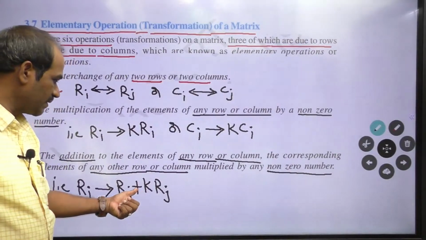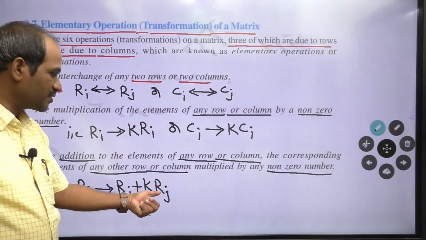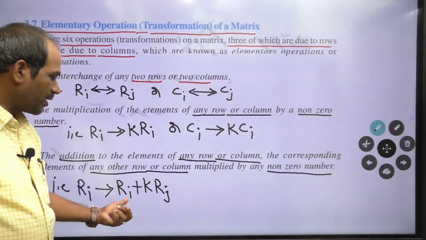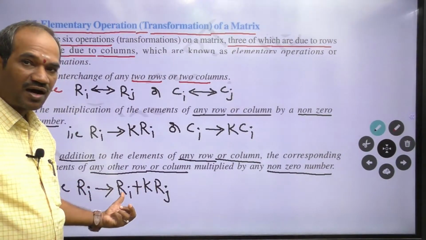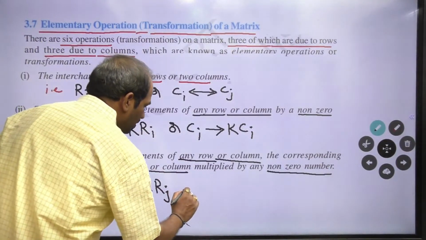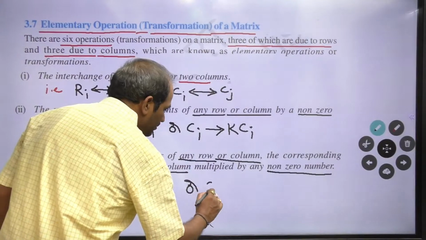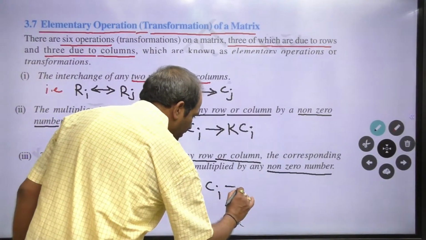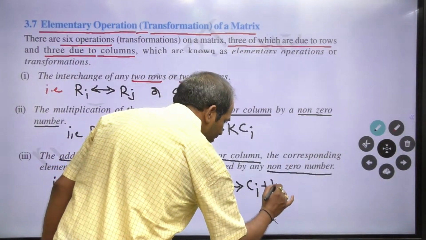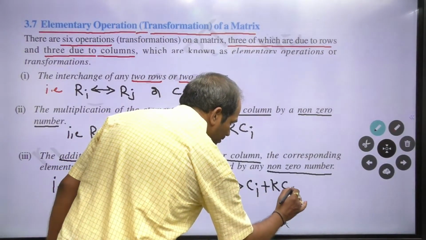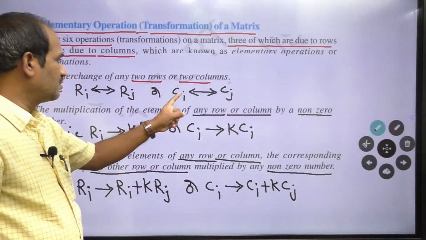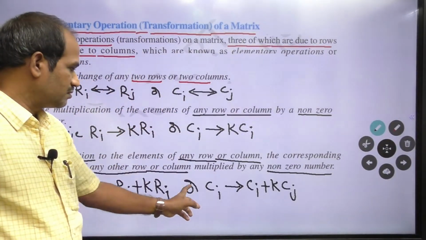Here Ri goes to Ri plus k into Rj. Same for columns: Ci goes to Ci plus k into Cj. These are the six operations, one, two, three, four, five, six.